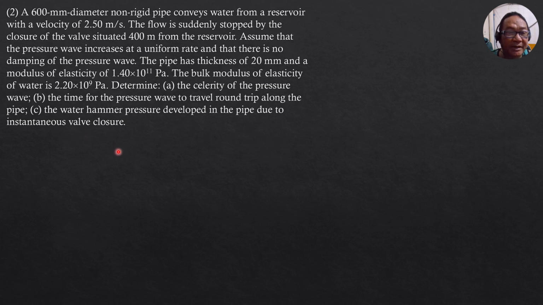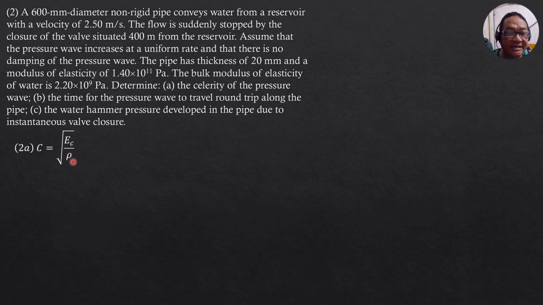So for the first part, celerity is square root of composite bulk modulus of elasticity divided by density. So C equals square root of E sub C over rho, and replacing E sub C by the direct formula, it is equal to square root of bulk modulus of elasticity of the flowing fluid divided by density.